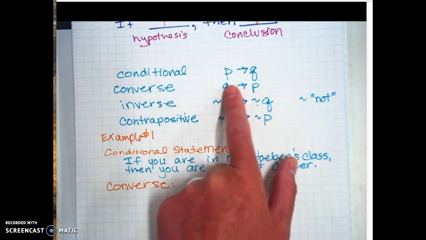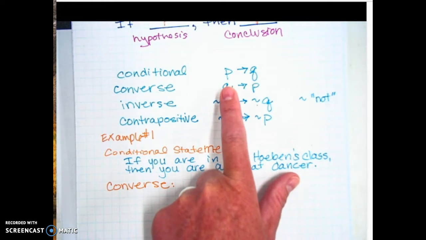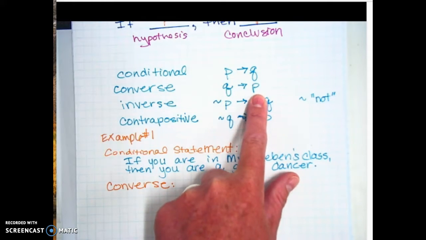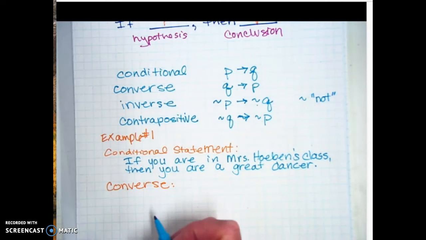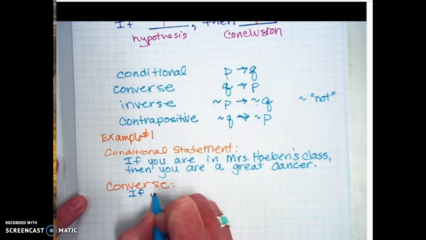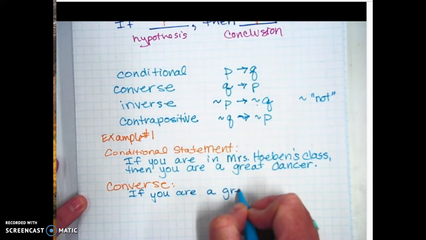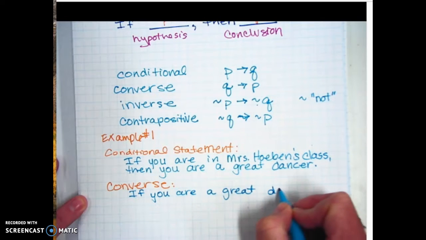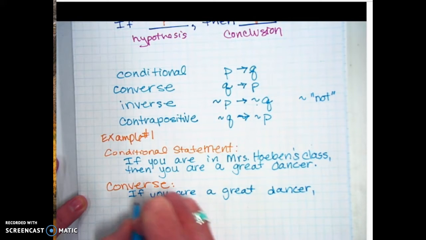For the converse, we just want to take the if the P, then the Q, and switch it to if the Q, then the P. So you're going to say, if you are a great dancer, then you are in Mrs. Hoban's class.